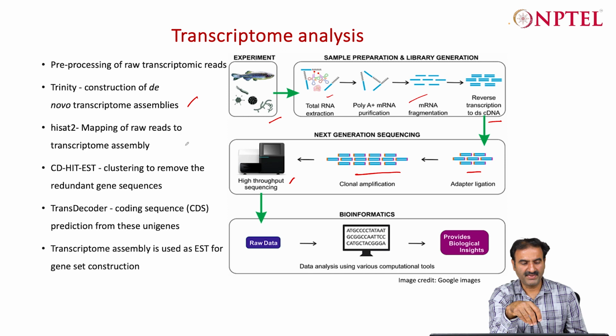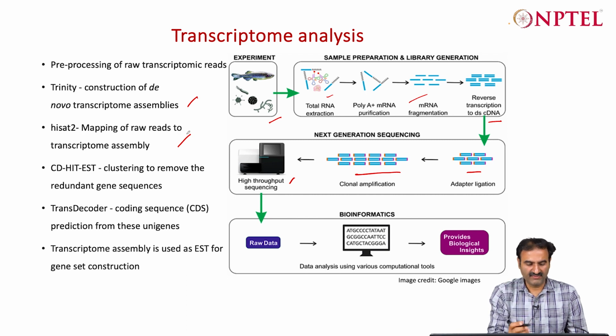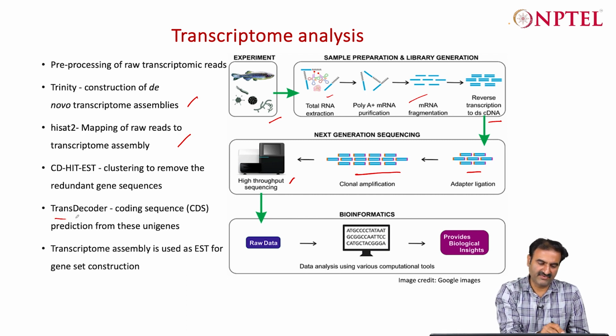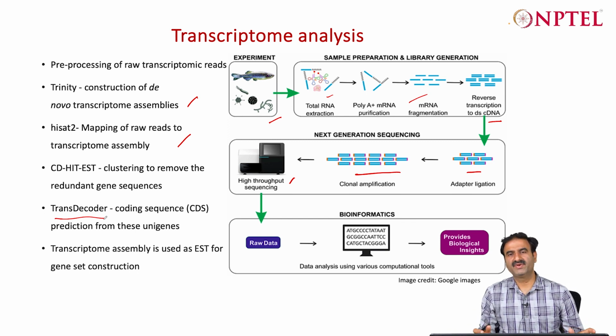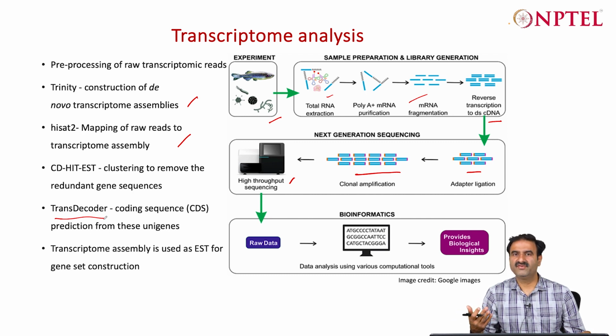Mapping of raw reads to the transcriptome assembly is done by HISAT2. Then the redundancy in the transcripts is removed by SeqKit or CD-HIT-EST, followed by gene prediction using TransDecoder. These things you will cover in detail later. Then the transcriptome assembly is used for the transcripts, as well as for constructing the final genome assembly.